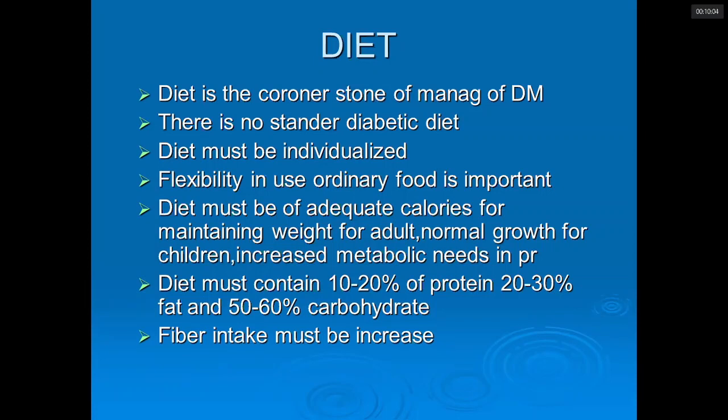Diet must be of adequate calories for maintaining weight in adults, normal growth for children, and for the increased metabolic need in pregnancy. It must contain around 10-20% protein, 20-30% fat, and about 50% carbohydrate. And fiber must be encouraged and increased because it decreases absorption of glucose and rapid rise in hyperglycemia.